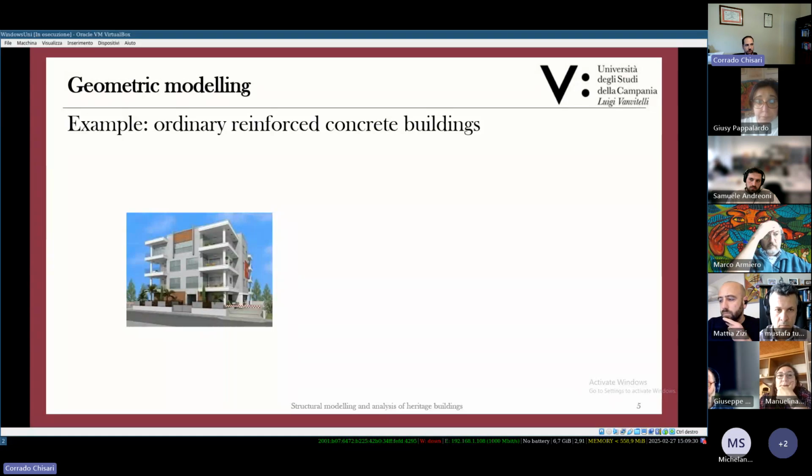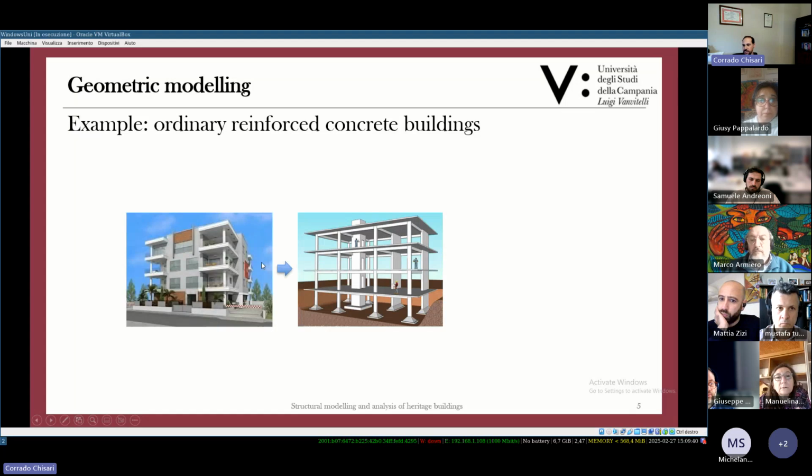If we think of ordinary reinforced concrete buildings, which are the most common buildings that we have in our cities, we start from the very real building. We need to identify the structural parts. The structural skeleton is the part of the structure which actually bears the loads.